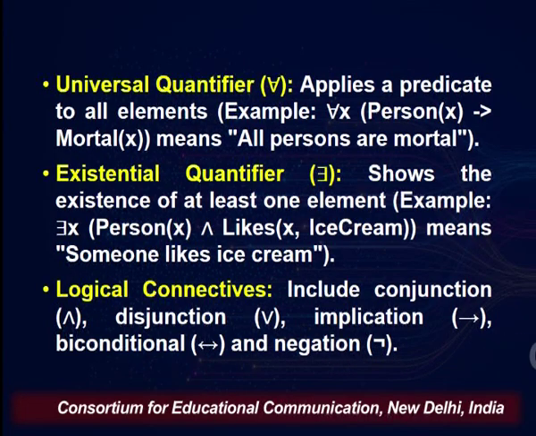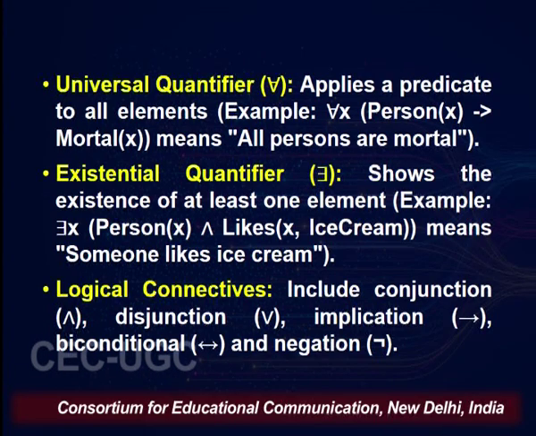So, the existential quantifier, which is denoted by an inverted E, shows the existence of at least one element, and there exists x, within the bracket, person x and likes x comma ice cream, means someone likes ice cream.